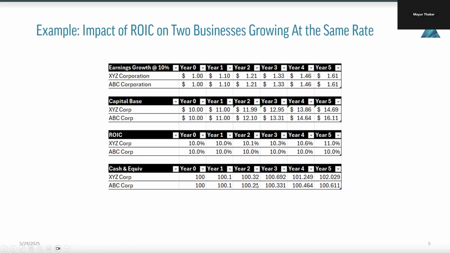As you can see here, there's starting to be a separation. And so by year five, if you keep going out into the outer years here, you can see that XYZ now has more cash on its balance sheet than ABC does.